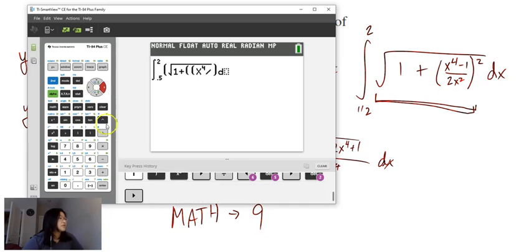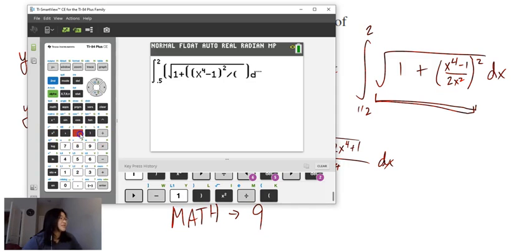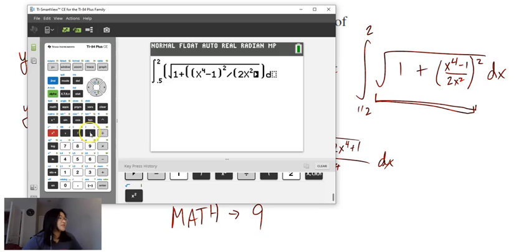Okay, (x to the 4 minus 1) squared divided by (2x) squared. Okay. I don't think I want the squared there. Let me just put the squared here too.